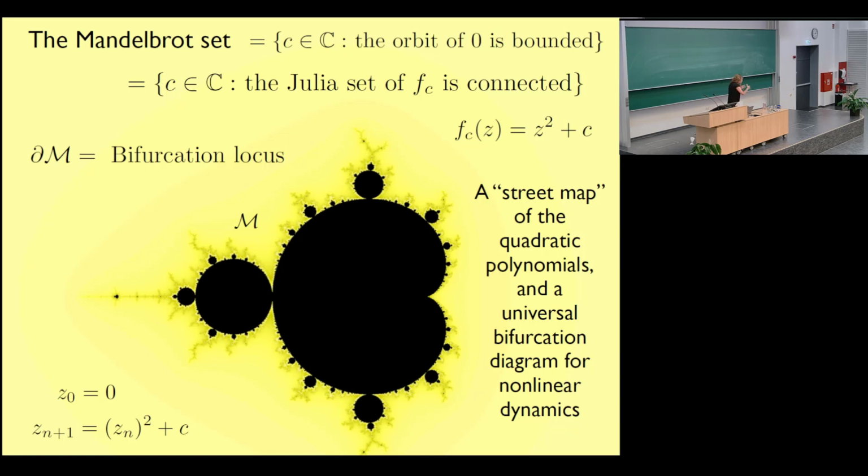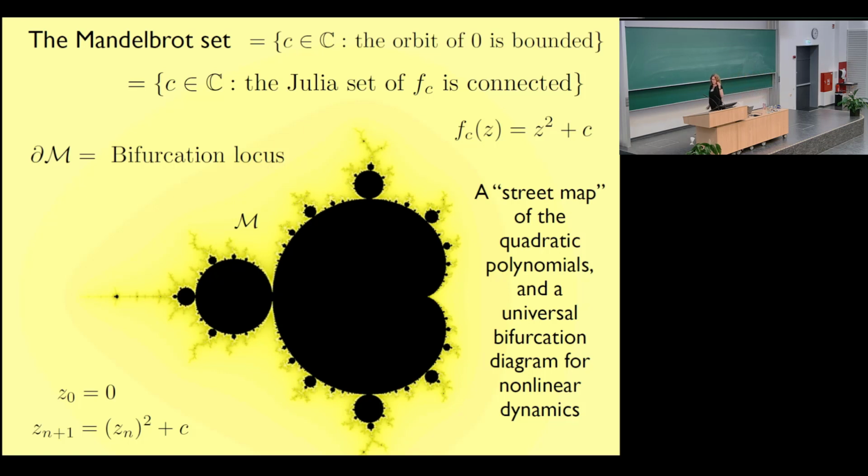So even within this particular family, there are a number of ways to define the Mandelbrot set in terms of the dynamics of this map f. So it's the set of parameters for which the Julia set, or the chaotic locus for this dynamical system, is connected. It turns out that the boundary of this set is what we call a bifurcation locus for this family. It plays a very important role.